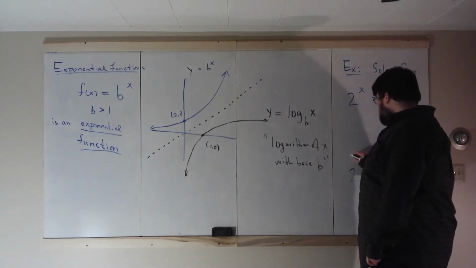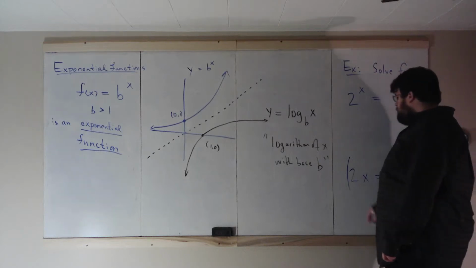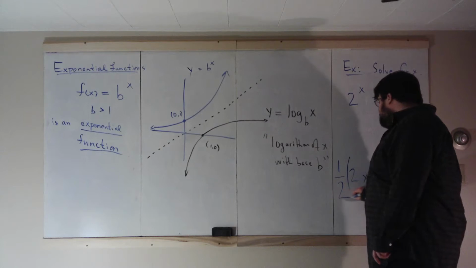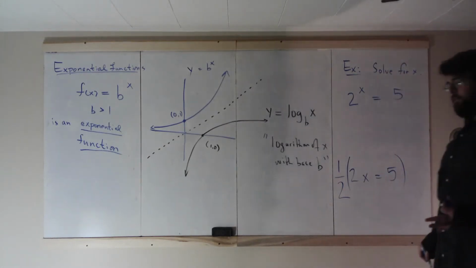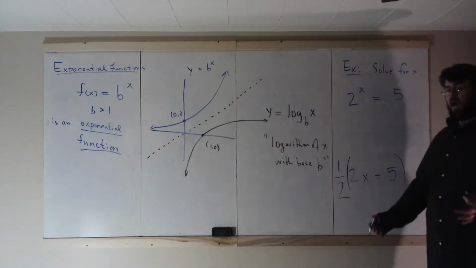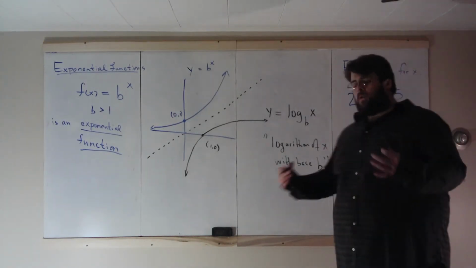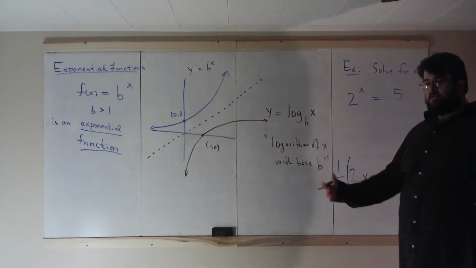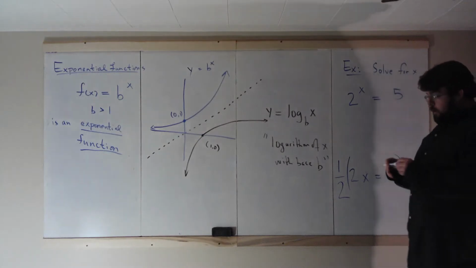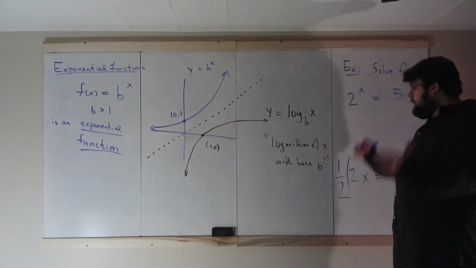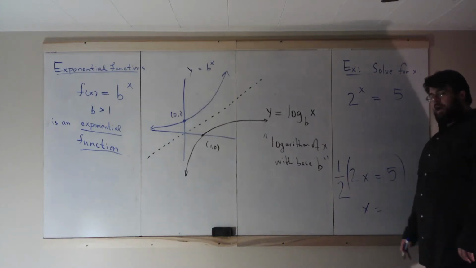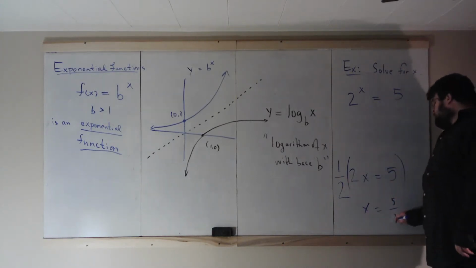Well, we can invert it. 2 and 1/2 cancel out and make 1. 2 and 1/2 are what is known as multiplicative inverses, because you multiply them together and they make 1. We can use a multiplicative inverse to solve this for x. Multiply that side by 1/2, you get x. Multiply this side by 1/2, you get 5/2.